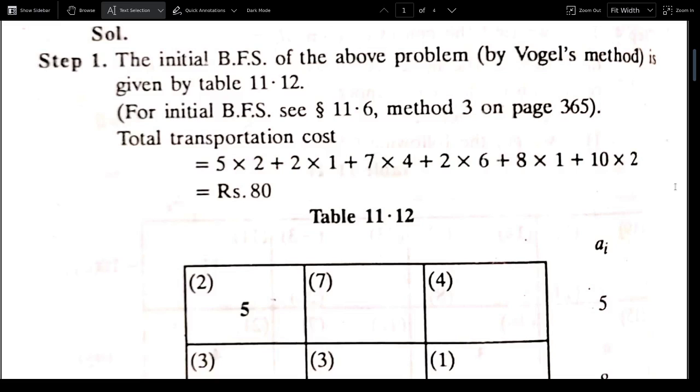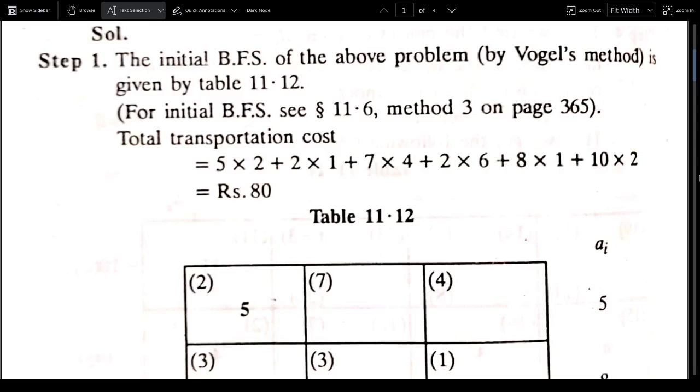Because you see, if you apply the other two methods, suppose northwest corner rule or lowest cost entry method or matrix minima, then suppose the transportation problem gives us a value of rupees 80, but if you apply Vogel's approximation method, then this gives us maybe less than 80, right?